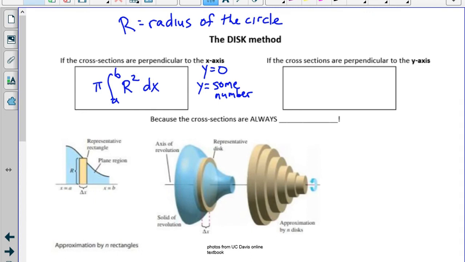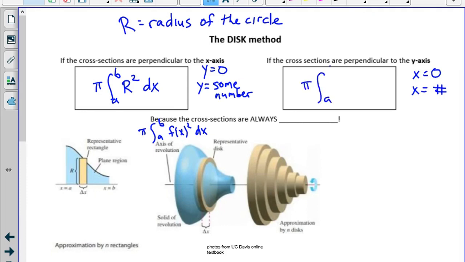So in this particular case here, where we're rotating it around an axis, r is exactly f of x. So we would have the integral from a to b of f of x squared dx times pi.